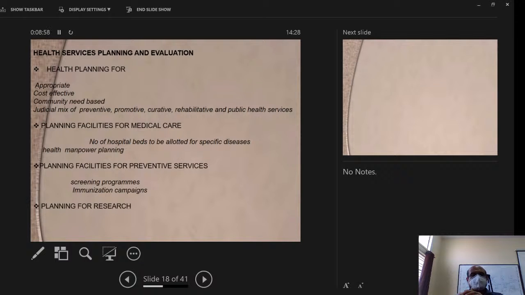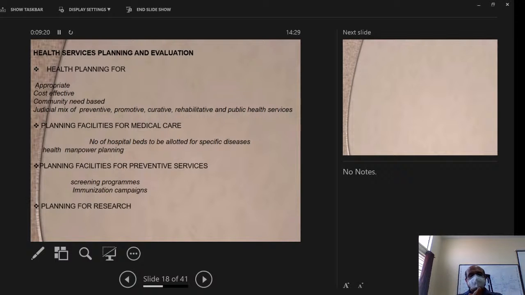In health services planning and evaluation, it is health planning for appropriate, cost-effective, community need based, judicious mix of preventive, promotive, curative and rehabilitative and public health services.